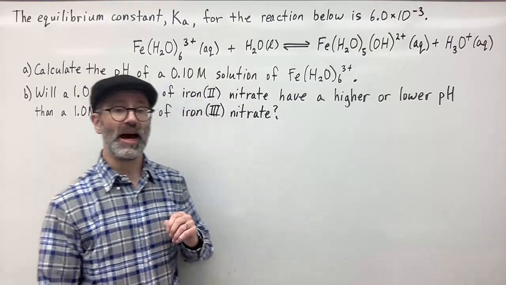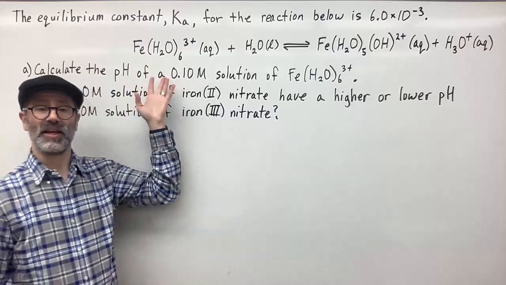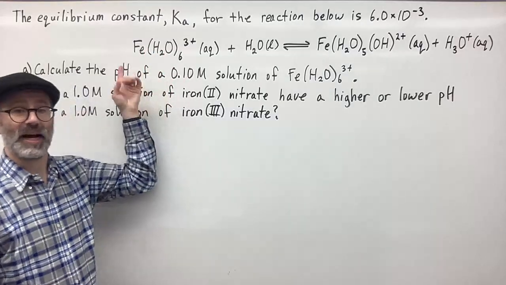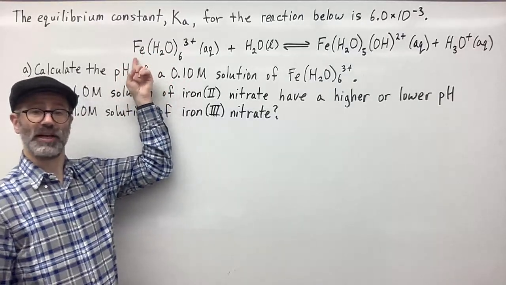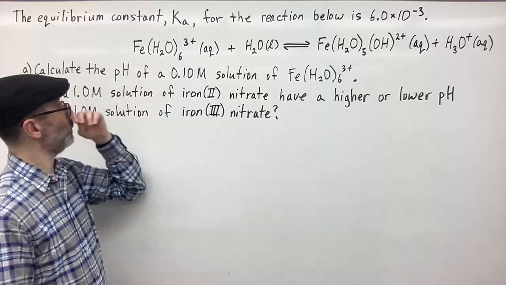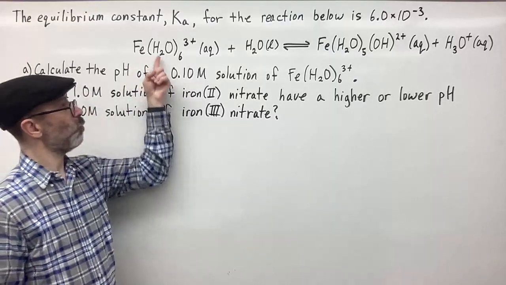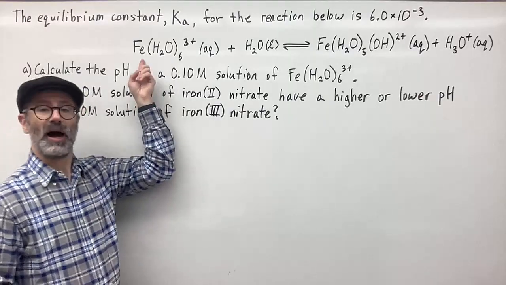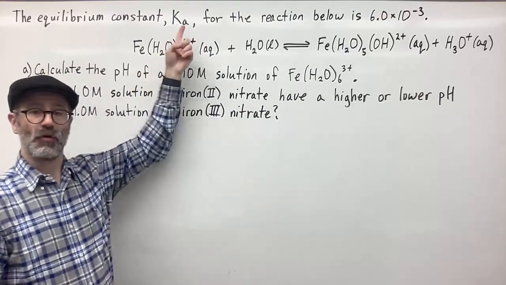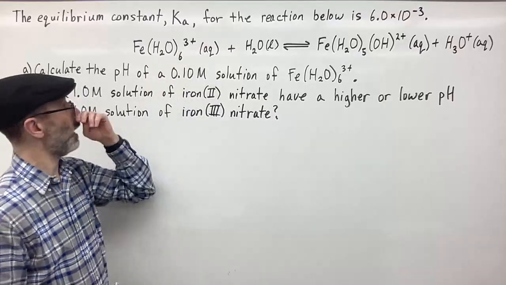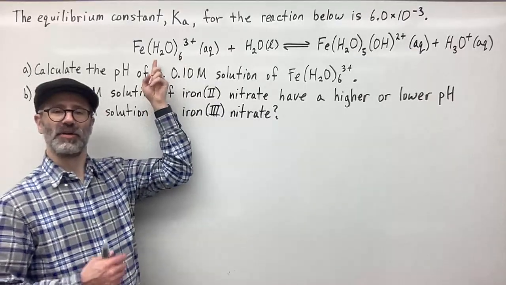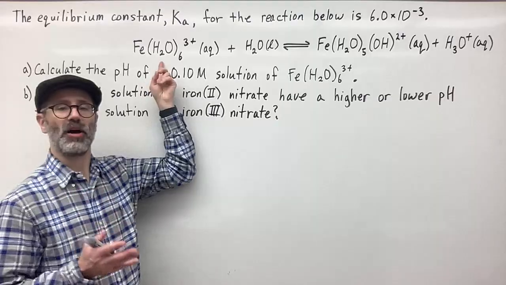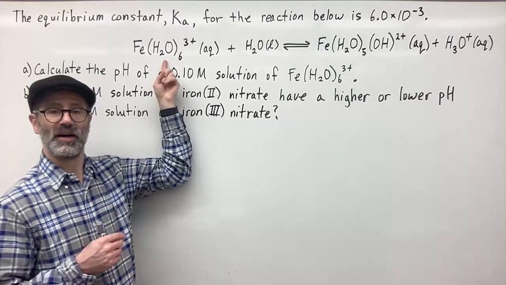And so what you have here is the complex ion involving iron 3, and 6 waters are complexed or bind as ligands to your iron, and it has an overall charge of 3+. And so what happens is these water molecules become acidic, right?